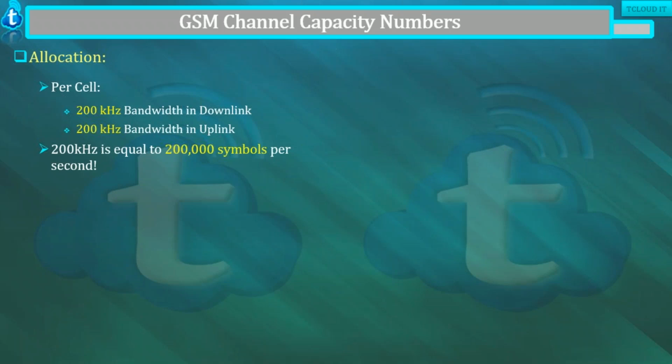We call them 200,000 radio symbols we will be having in 200 kilohertz. What is that? We learn the deeper things at LTE time. Right now, we just try to put some numbers in case of GSM. So we have 200,000 symbols in downlink, 200,000 symbols in uplink. Okay, great.